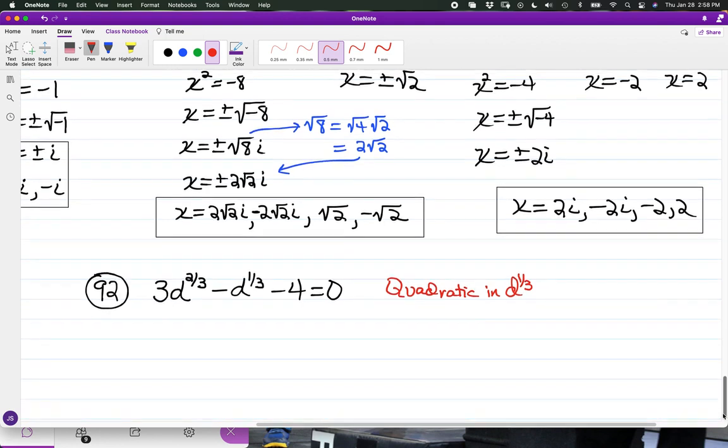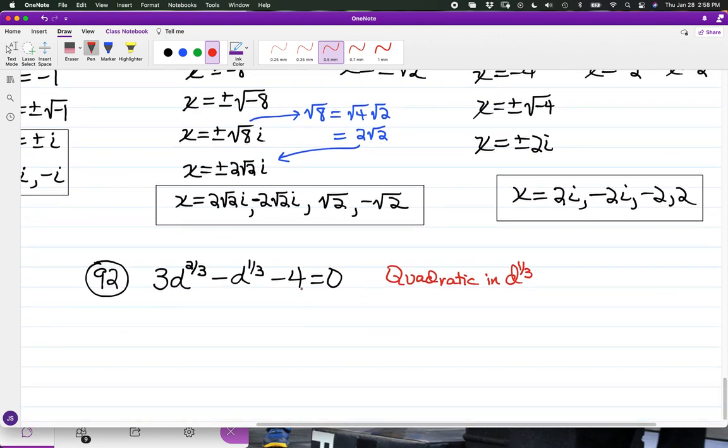And just in terms of factoring, let me give you an analog to this. If I have something like 3x squared minus x minus 4 equal to 0, with the factorization, 3 is a prime number, so 3x squared would factor out to 3x and x.